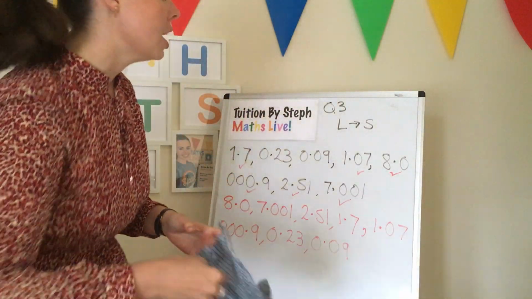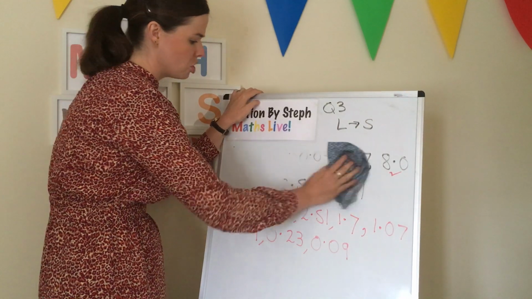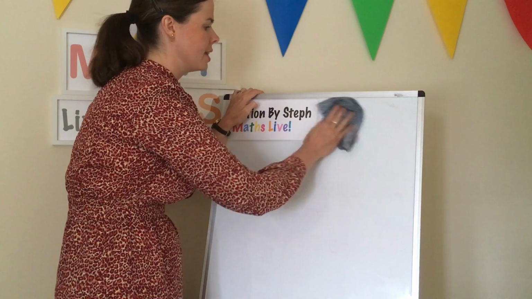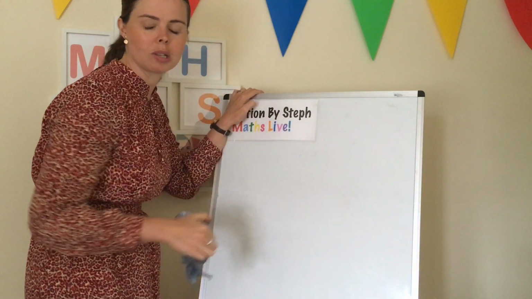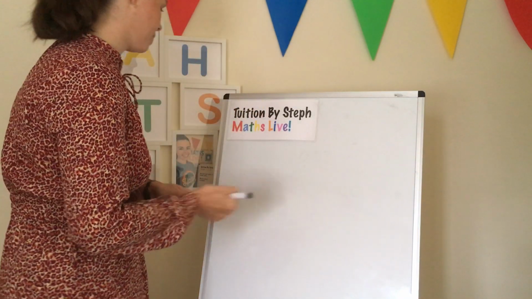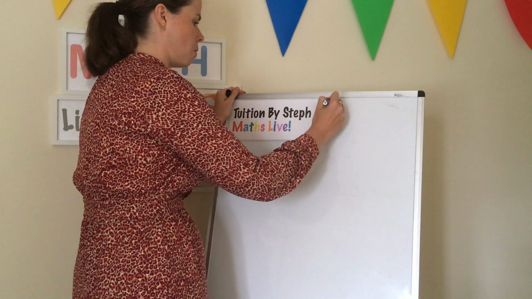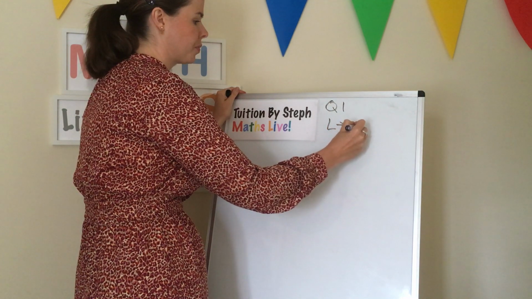Okay, time for your challenge questions. I'm only going to do 3, I think, or 3 or 4, and then obviously there'll be a challenge sheet that goes along with this video. So my first question is, question 1, order from largest to smallest.